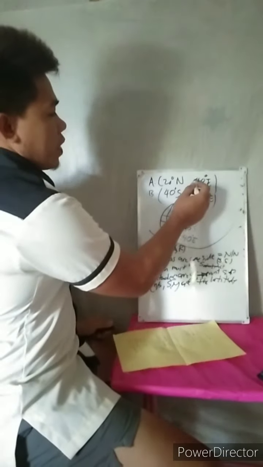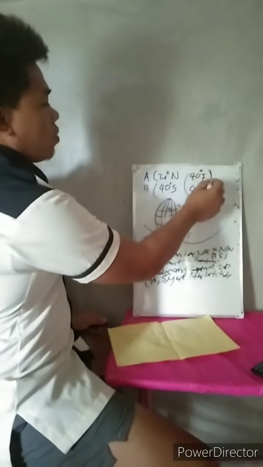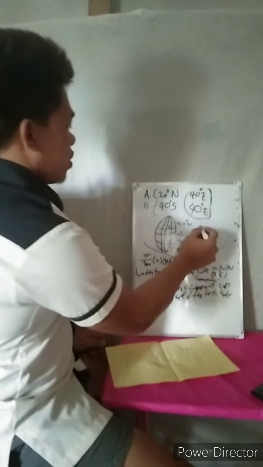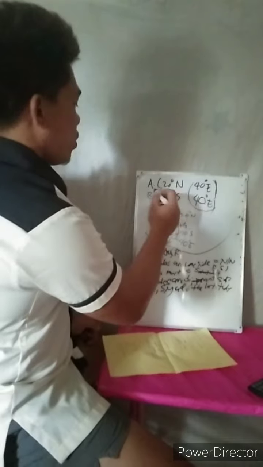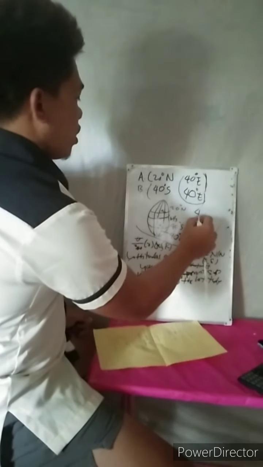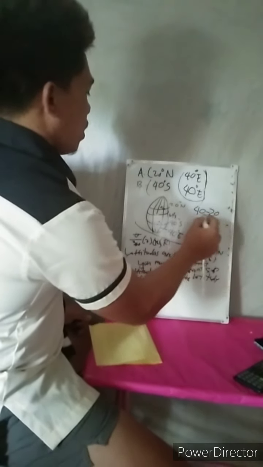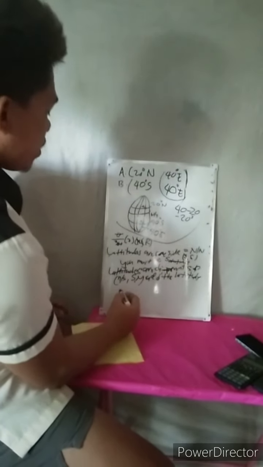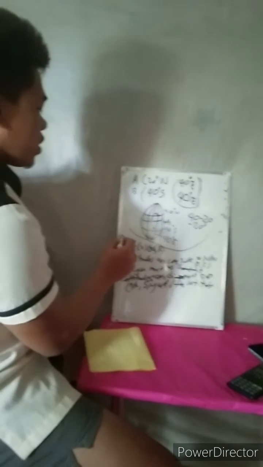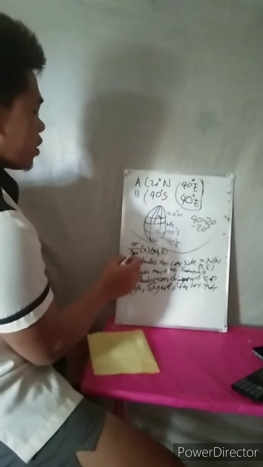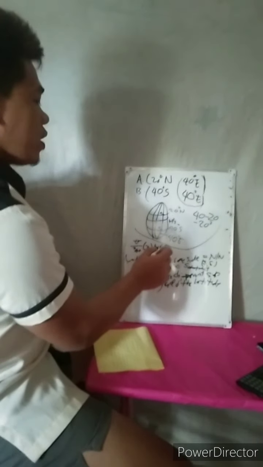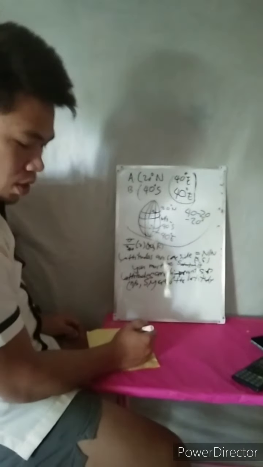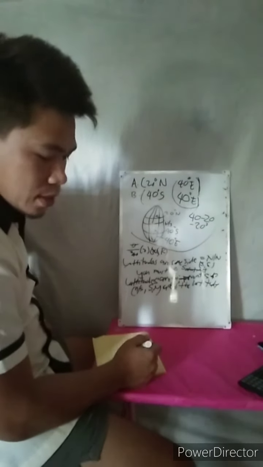So may ara ta parehas nga side. So ang aton himuon guys, ato ni i-subtract ang ato nga point A kag point B. So 40 minus 20 equals 20 degree. So sa ato nga formula nga gigamit para makuha nato ang distance guys, theta over 360 times 2 times pi times sa radius ang earth nga 6,370.